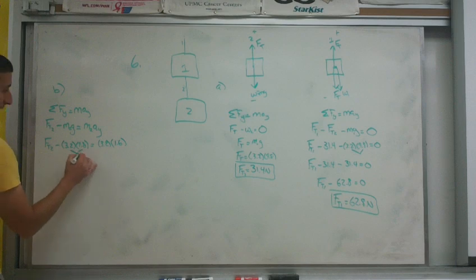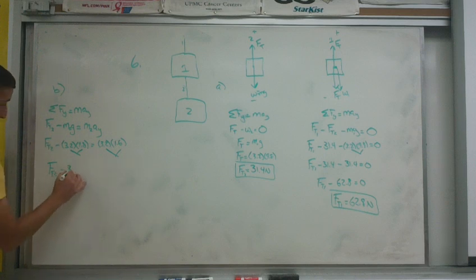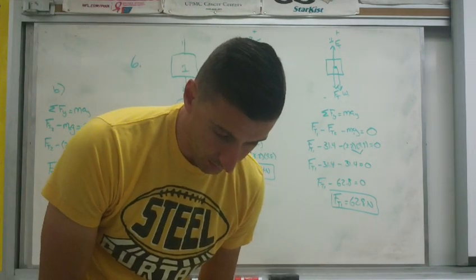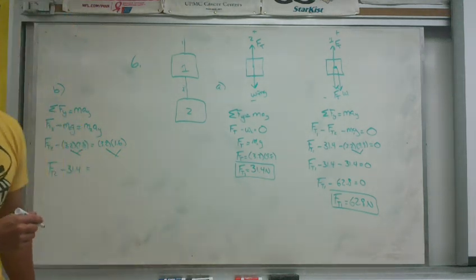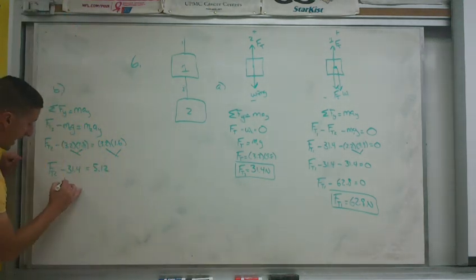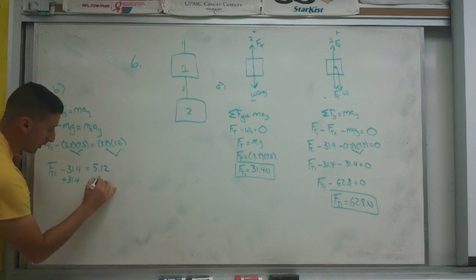So I go ahead and simplify. Ft2 minus 31.4 equals 3.2 times 1.6. 3.2 times 1.6 equals 5.12. All right, I add 31.4.